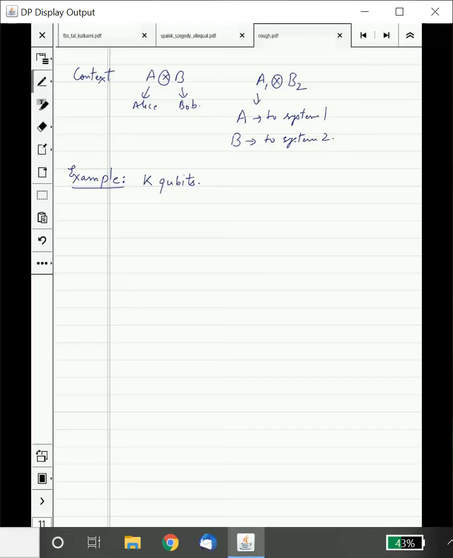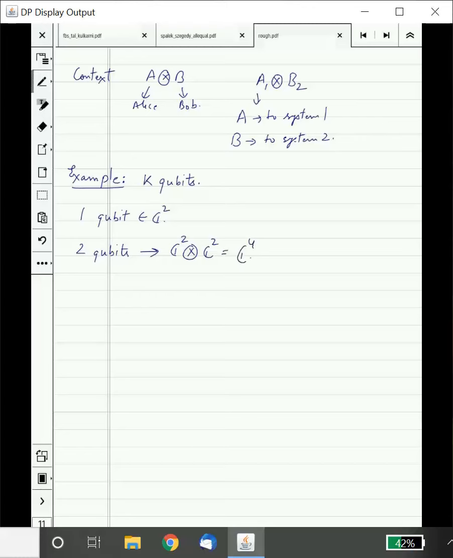Let us go slowly. 1 qubit is an element of C square. What about 2 qubits? The fourth postulate tells us that for 2 qubits, the state space should be C square tensor C square, which will be equal to C to the power 4.